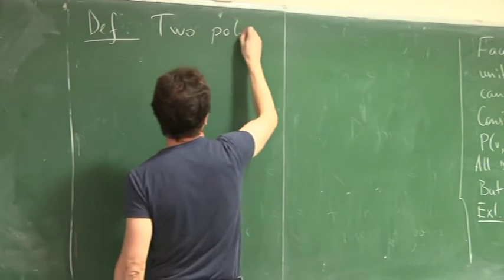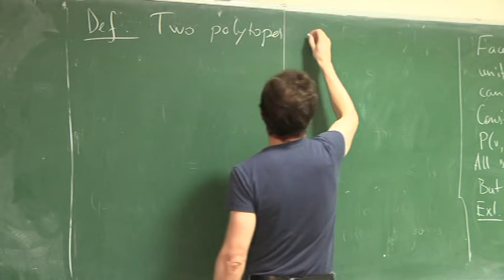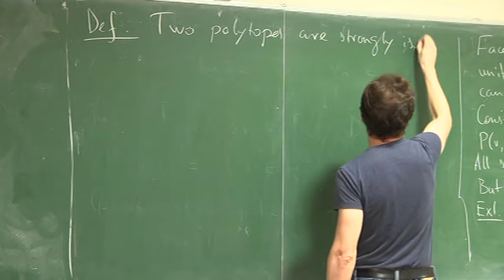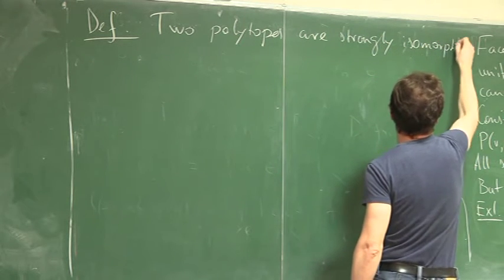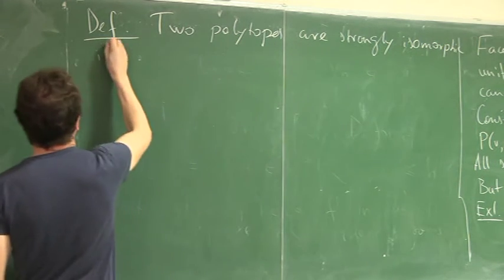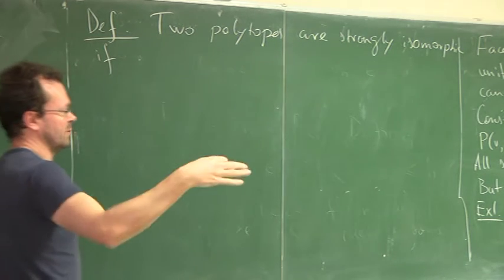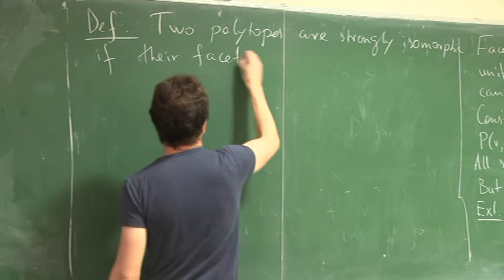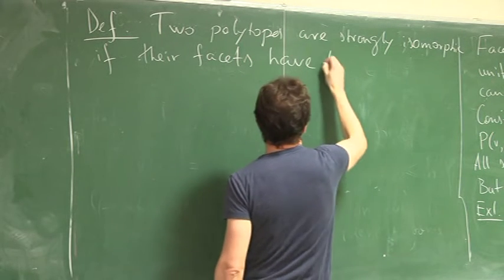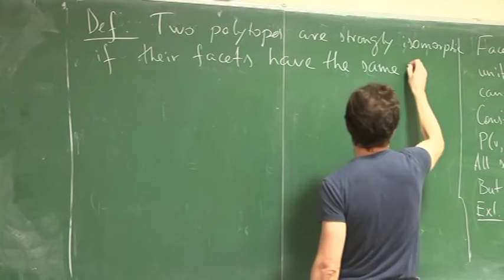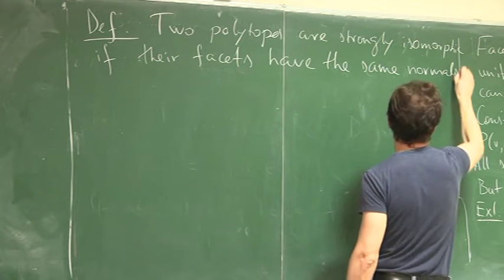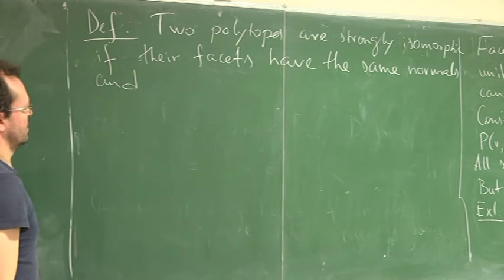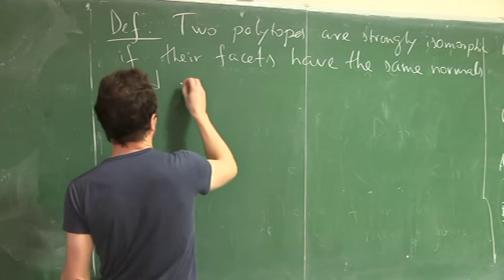Two polytopes are strongly isomorphic if they have the same outward normals, so if their facets have the same normals, and the polytopes are combinatorially isomorphic.